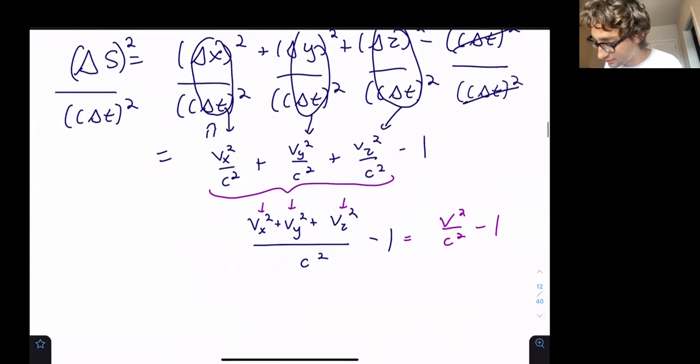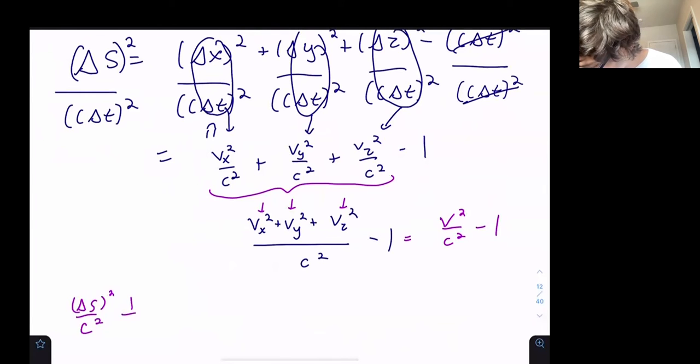So let's rewrite our equation. Delta s squared equals 1 over c squared, over delta t, v squared over c squared minus 1.